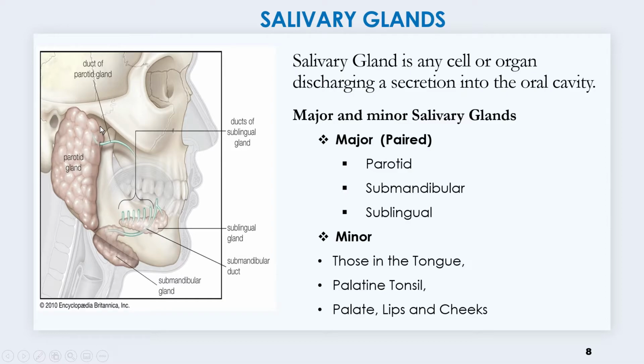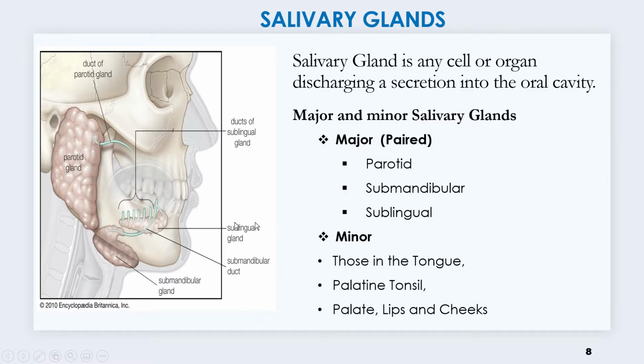Parotid looks very large, but the amount contributed in the saliva is less compared to the smaller glands. The other one is the submandibular. The main contribution in the amount of saliva is basically from the submandibular gland, which is located near your mandibular teeth.